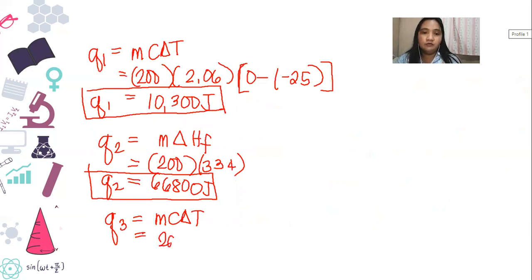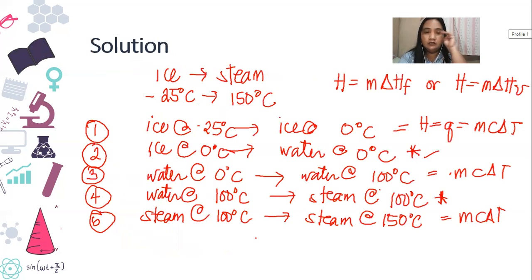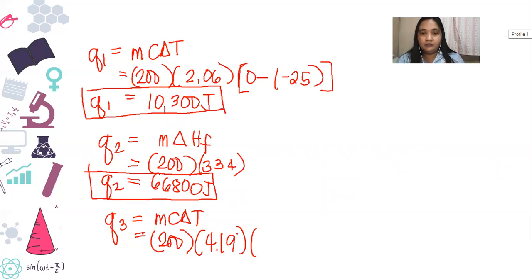The mass is 200, and the specific heat of water is 4.19 times delta T. The initial temperature is 0 and the final temperature is 100, so that's 100 minus 0, which is 100.